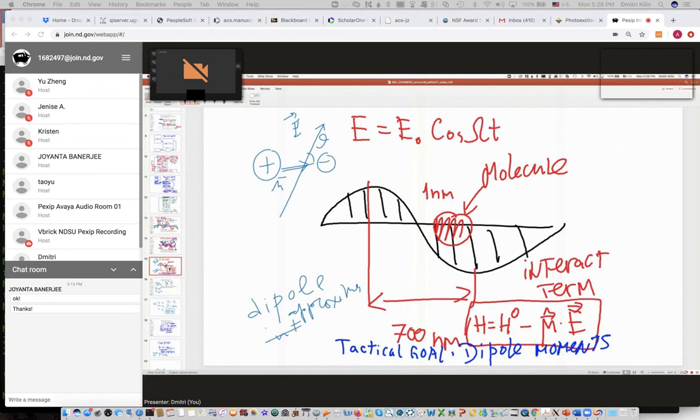What is an electric field? It's a surrounding that generates electricity. Okay. So it is the reason why charged particles start to move.